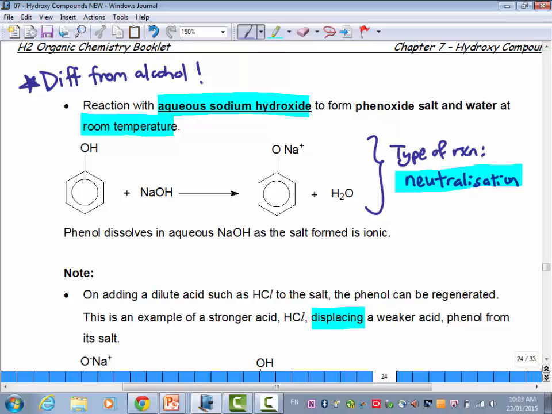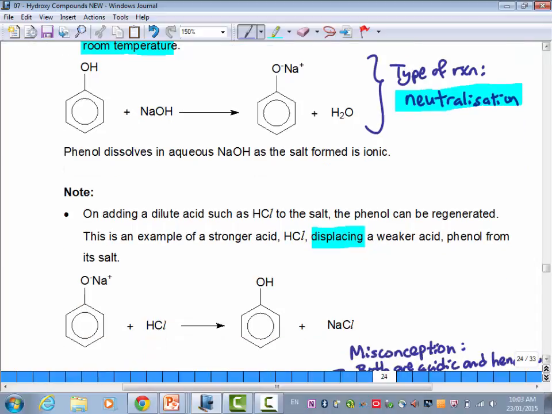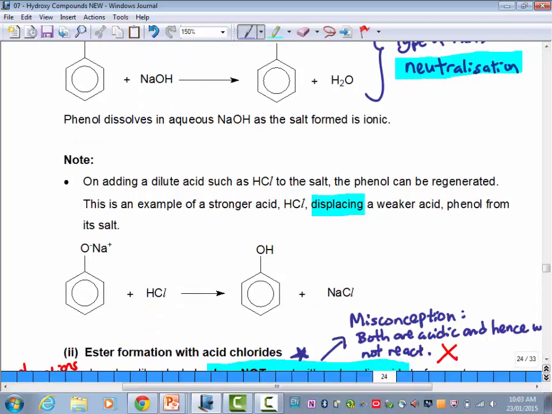Why not HNO3, later on we'll see. So HCl being a stronger acid than phenol, it will force phenol to become the neutral molecule instead of being dissociated. So this is the equation. If you want to get phenol from your phenoxide ion, very simple, just add in acid.